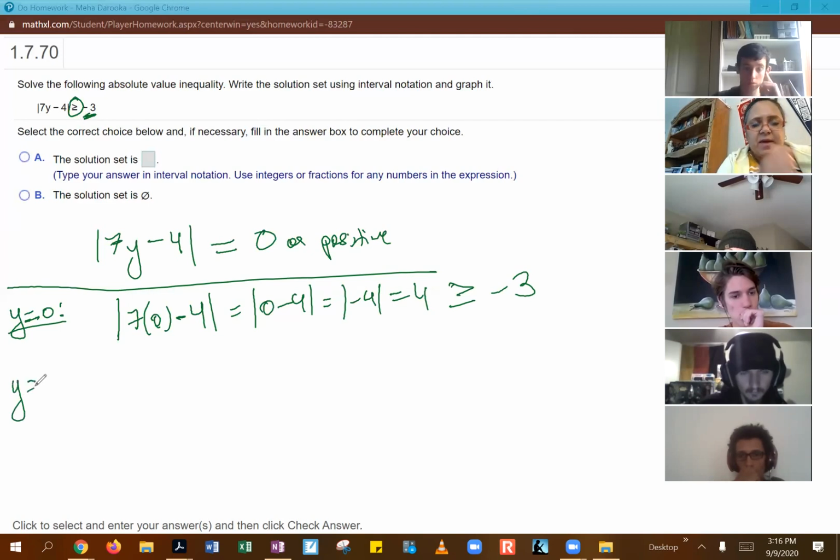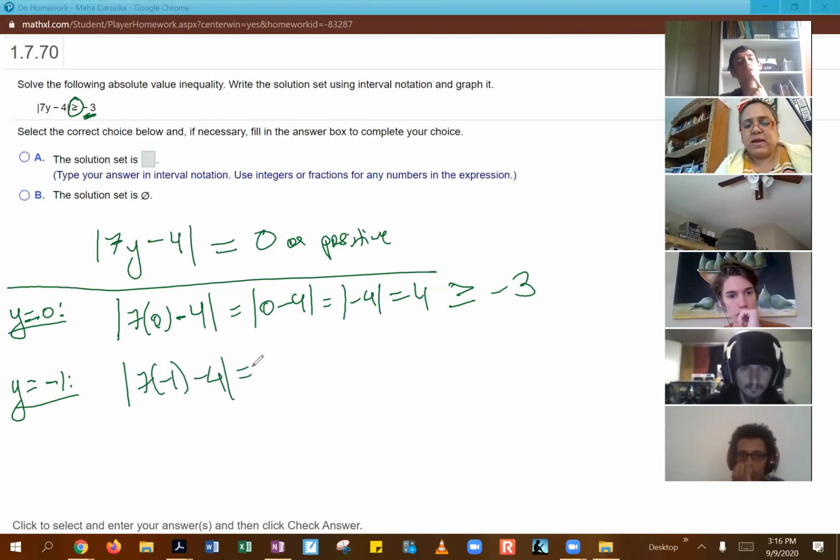What happens if I use, again we'll keep it simple, y equals negative 1? What kind of answer are you looking at with this one? So 7 times negative 1, and then you're subtracting 4 from it.